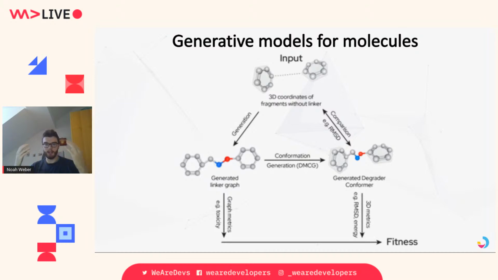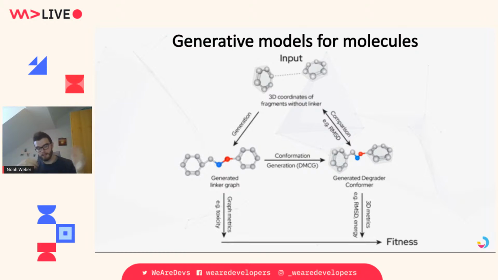And you want to determine, or better to say, generate a de novo molecule that will connect these two fragments, right? These two molecules. But at the same time, as we are generating, we are making sure that this new linker satisfies different graph metrics.